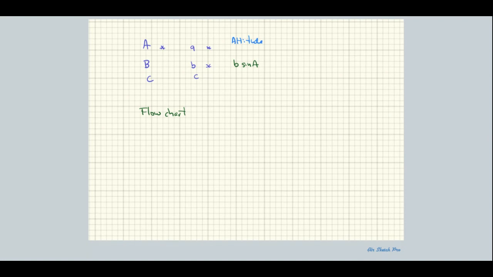This right here is the angle A. This is opposite. This is adjacent. Okay. So the flow chart was to first check to see if the opposite was greater than the adjacent.